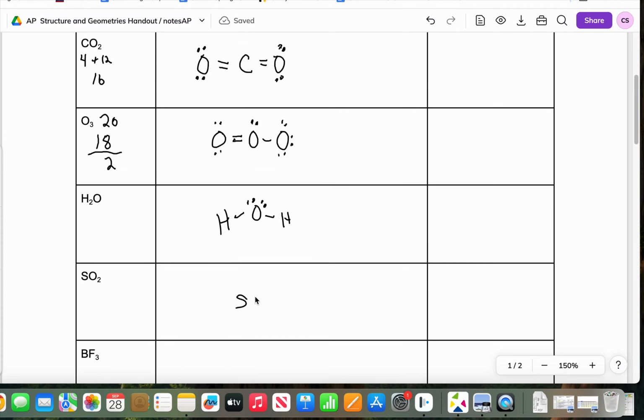Okay, so S, O, and O. There would be a double bond here. It'd be just like O3. All right. Anyway, and I have to have one lone pair on the top there.